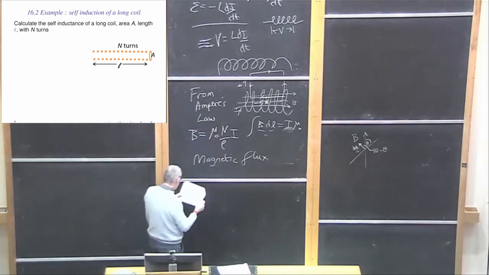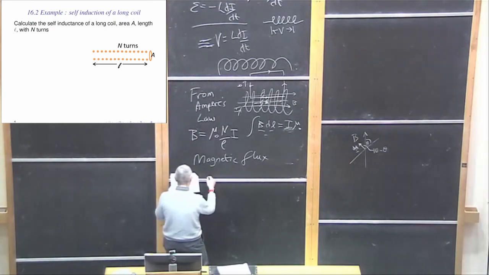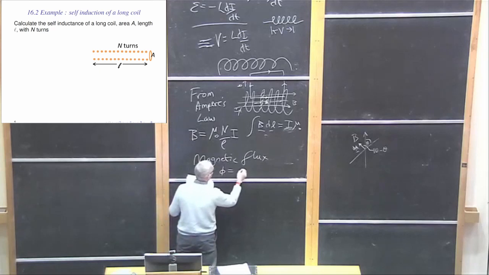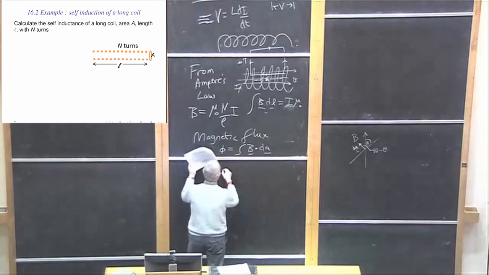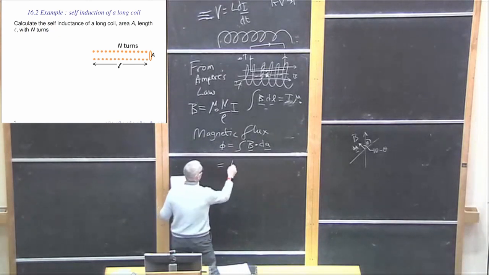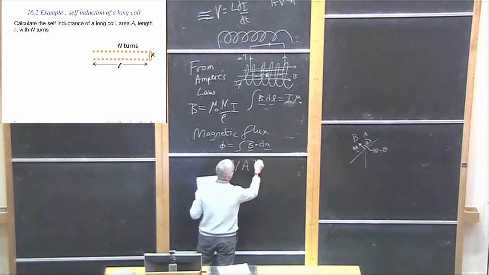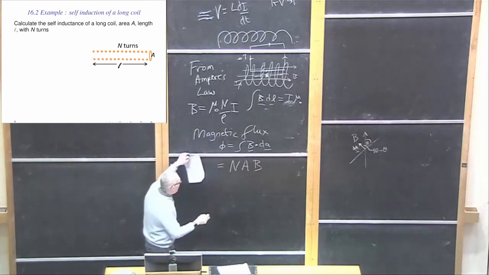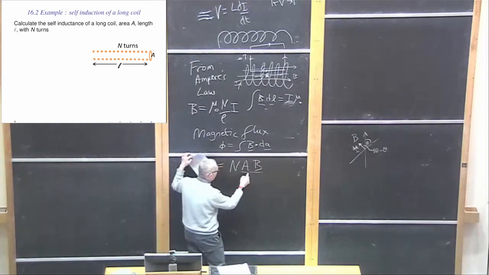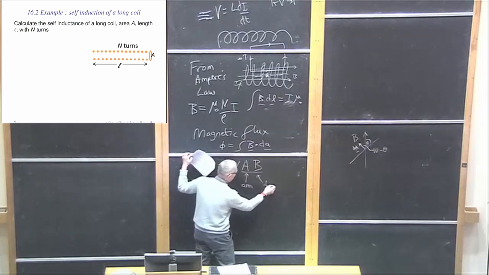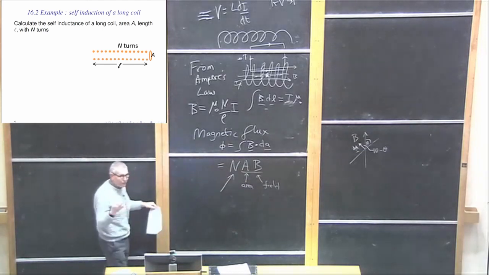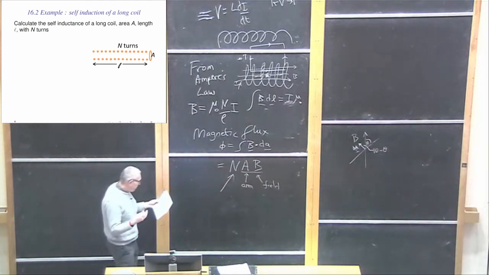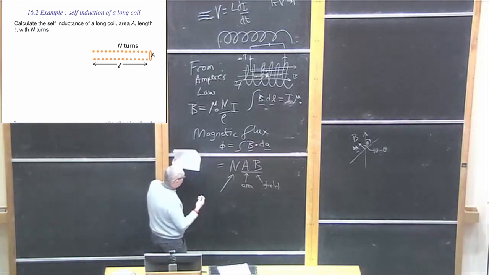So the magnetic flux phi is the integral of B times the area A, which equals NAB. So AB, I think you'll be happy with. This is the area. This is the field. Now this term here, I've thrown in.